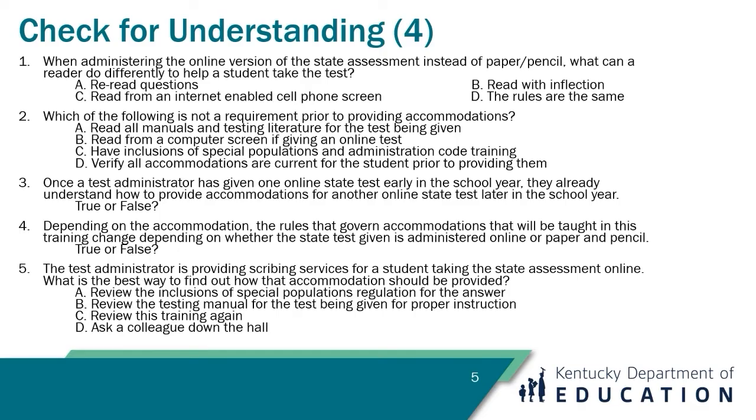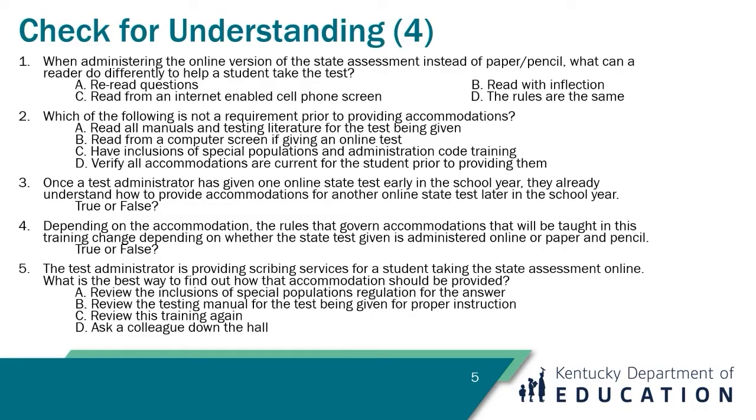Number 5. The test administrator is providing scribing services for a student taking the state assessment online. What is the best way to find out how the accommodation should be provided? A. Review the inclusions of special populations regulation for the answer. B. Review the testing manual for the test being given for proper instruction. C. Review this training again.